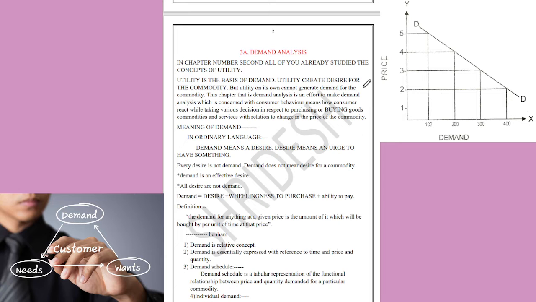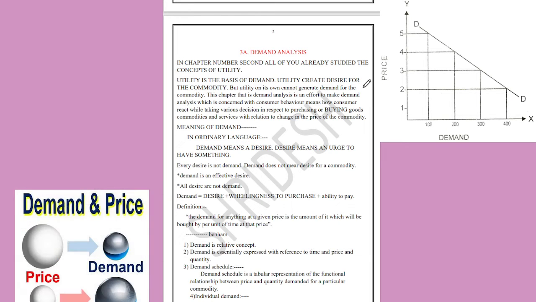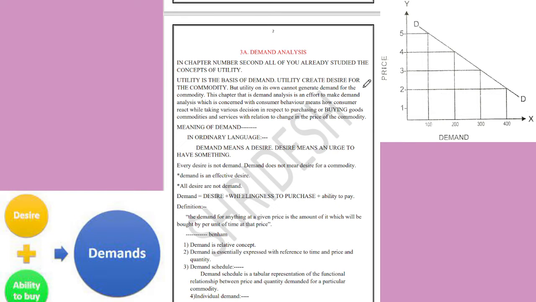So what is meant by demand? Demand means desire, that is a wish, an urge for a commodity, along with willingness to purchase, and the consumer, the buyer, must have purchasing power, that is the ability to pay for the commodity.